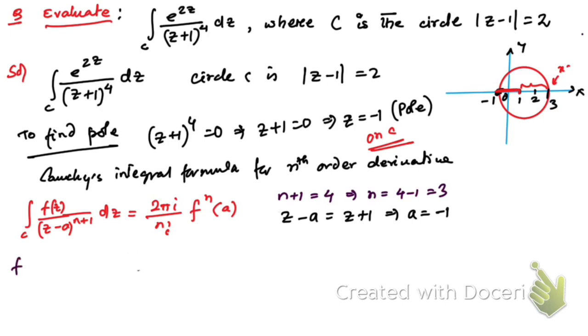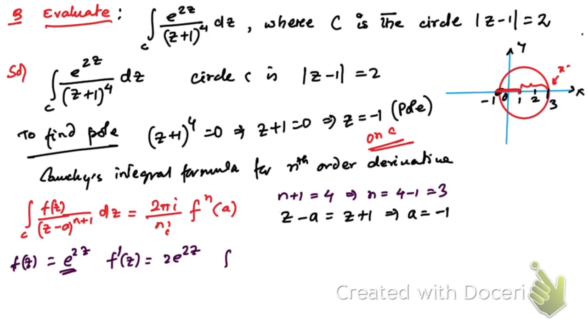First let me find f dash of z. As you can see, f of z is e to the power 2z, and that is why f dash of z, the first order derivative, or you can write f1 here instead of f dash, is going to be equal to, if you differentiate this, e to the power 2z, right?